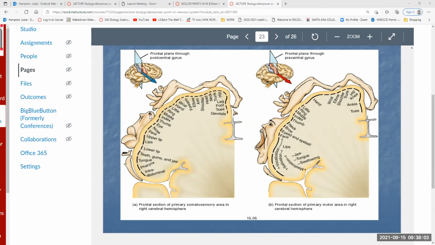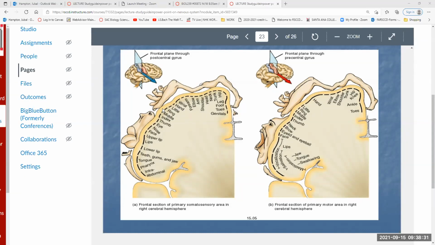Also, look, the face. Oh my gosh, the face has these huge areas. Here in our precentral gyrus, we see that we've got a lot of movement capable with eyebrows and the lips and the jaw and how we speak.